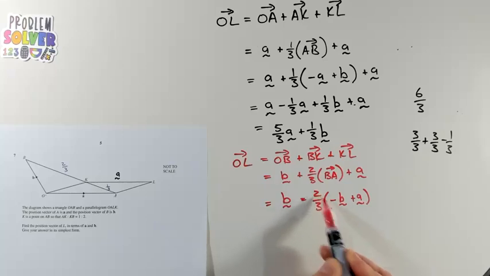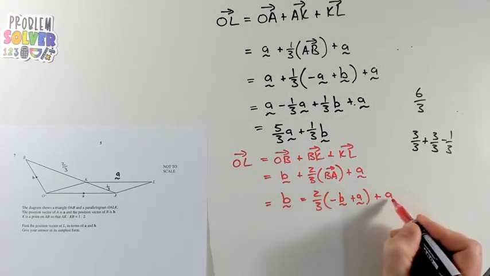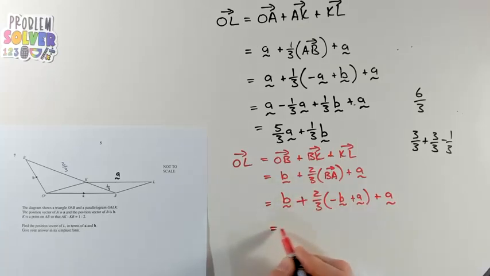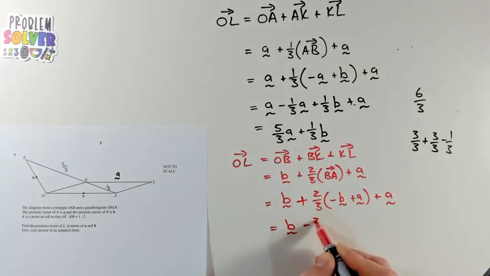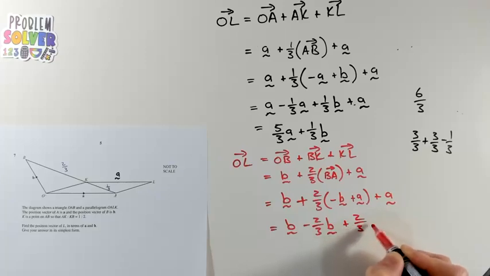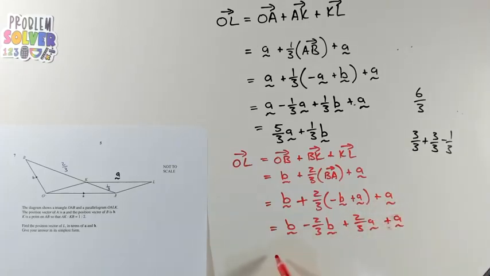That's why I'm going 2/3 of the whole way, and then plus A. Sorry, this shouldn't be an equals, that's a plus. Okay, so then there's B, and that's minus 2/3B. Okay, and then plus 2/3A, and then plus A. So fingers crossed we get it the same place.